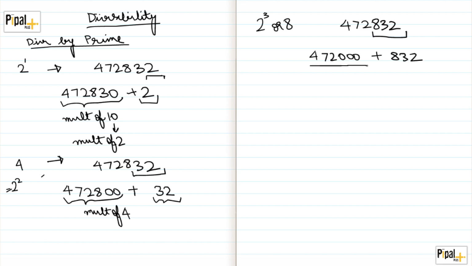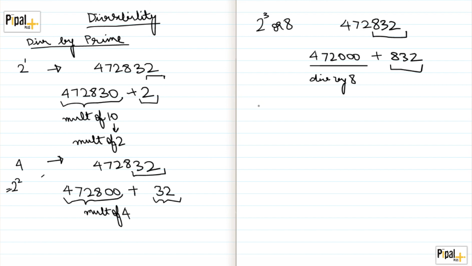Now this being a multiple of 1000 is actually 125 into 8. So this is already divisible by 8. Now if this is divisible by 8, then all I got to do is check whether this is divisible by 8 or not. So you notice that when the power of 2 is 3, and that's whose divisibility I'm checking, I just check for 3 digits.